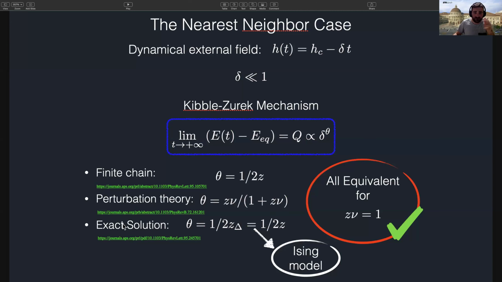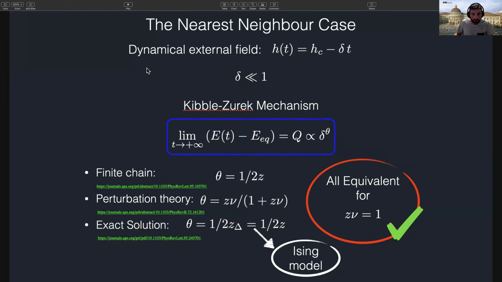Whatever I told you up to now is very well known, and it has been studied as the Kibble-Zurek mechanism in nearest neighbor systems. For the case of the quantum Ising model, this has been studied in several references. I'm reporting here only the ones that I think were the first.